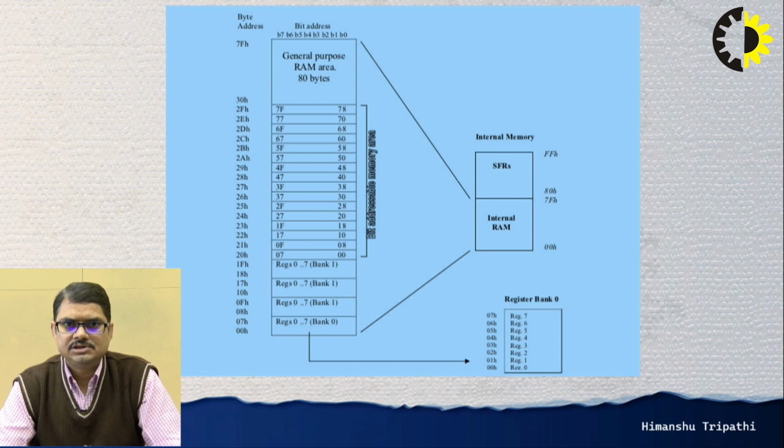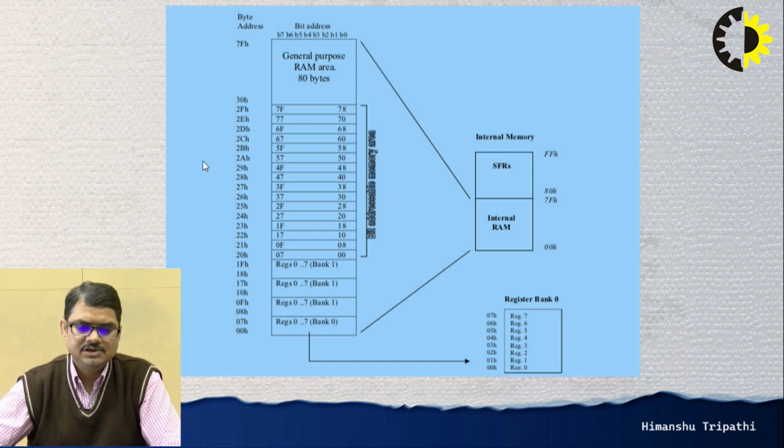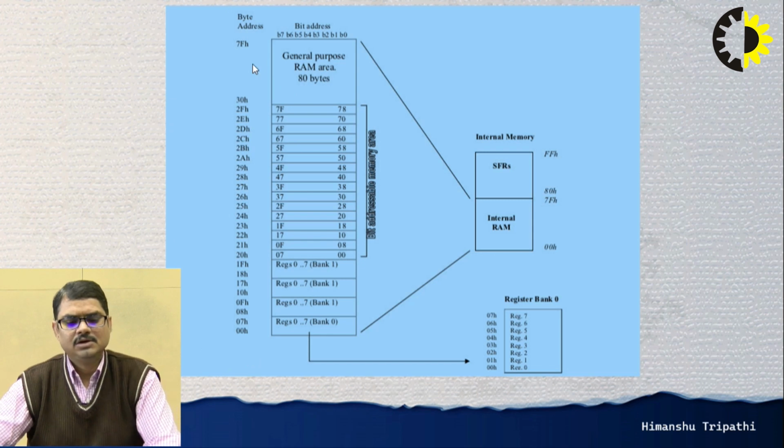We can generate addresses of 128 bytes or even 256 bytes with an 8-bit register. So, every memory location has an 8-bit address. We start from 00H, and if we are considering 128 bytes, then we can go up to 7FH. These addresses are mentioned on the very left hand side of this block diagram.